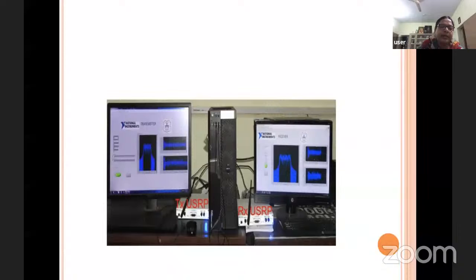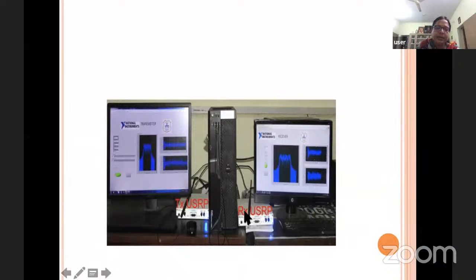We have built a GFDM modulator and a demodulator. And also we have measured the power spectral density of the transmitted signal as well as the received signal. The transmitted signal I and Q forms, the received signal I and Q forms, and their bit error rate is also evaluated.